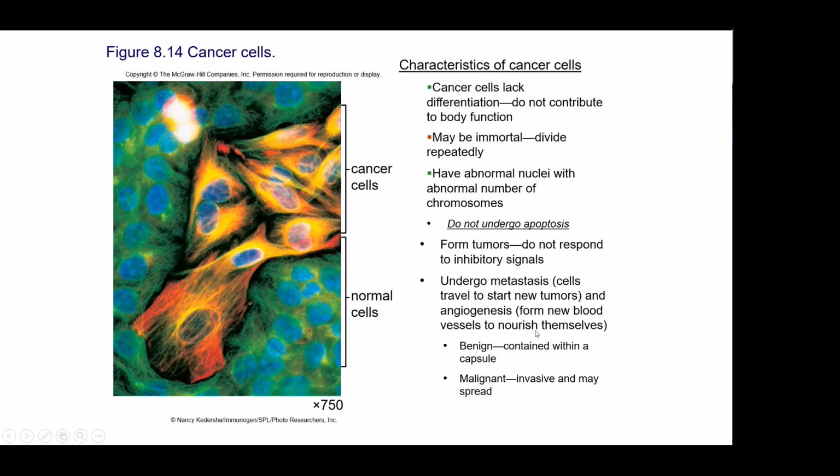So that is a situation where she is surgically removing the benign tumor, but wants to ensure that she gets the entire capsule around it. Obviously, in situations where it's malignant, there is the possibility for invasiveness, and it may spread within the organ or within the body.